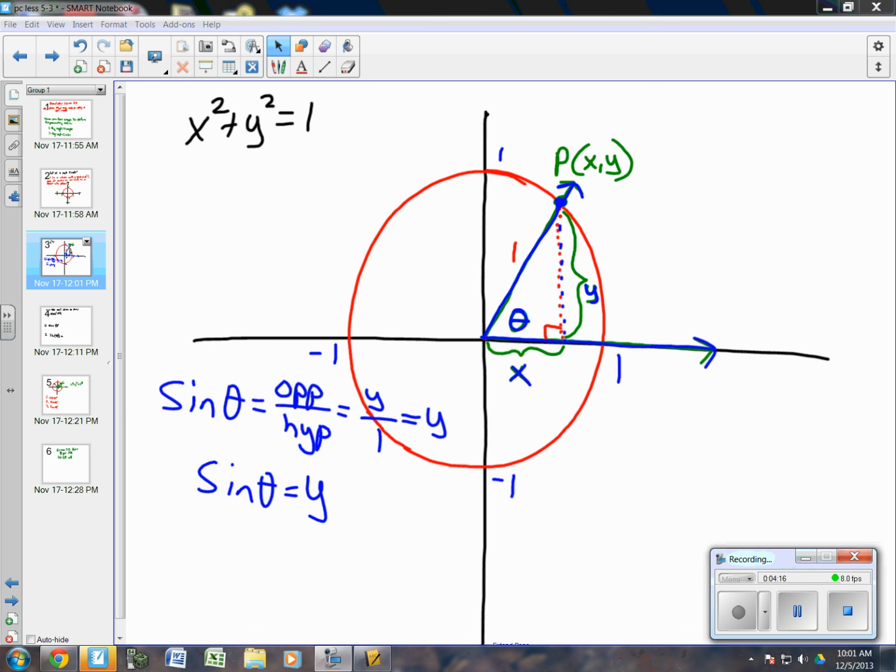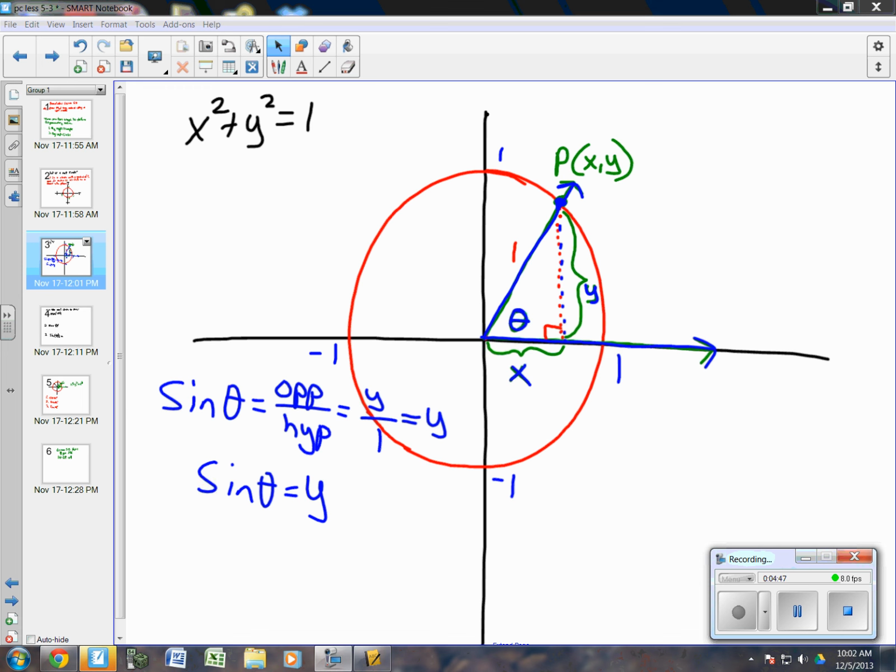I want everybody to have a chance to think about it. What did I just say sine was? It's the y coordinate. Here's 60 degrees. The sine is what, Kayla? Yeah, it's the y coordinate, square root of 3 over 2. That's it. Pretty simple, isn't it? That's what we're going to be doing today.